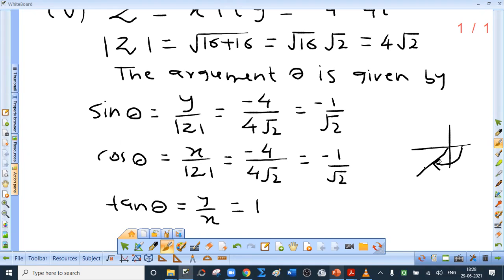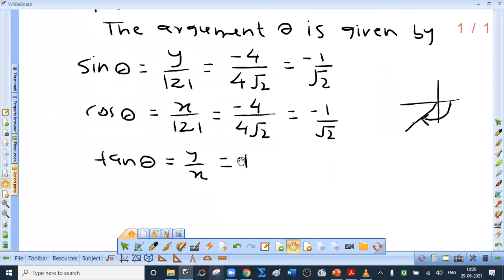Then you will ask me, sir, but what should we do? At present, just write this much. Sine theta is minus 1 by root 2, cos theta is minus 1 by root 2, tan theta is nothing but 1. Okay.